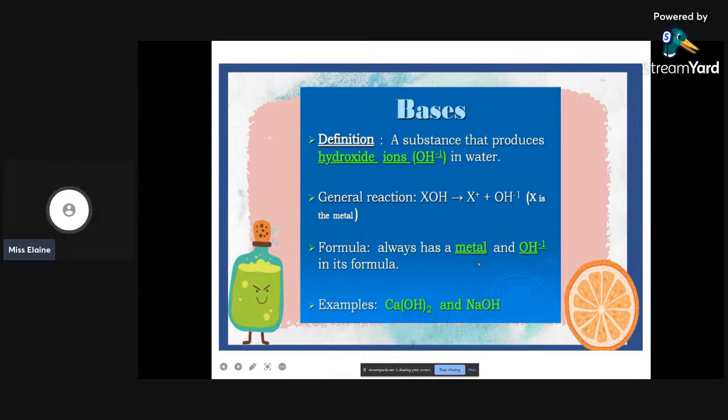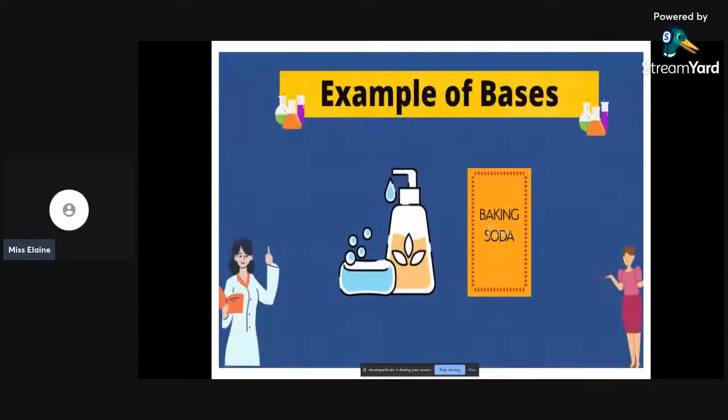Calcium is a metal together with OH or hydroxide, or sodium and hydroxide again. So as you can see, it always has OH or hydroxide when we say bases. Examples of bases, we do have here soap and baking soda. Actually, there are many more.